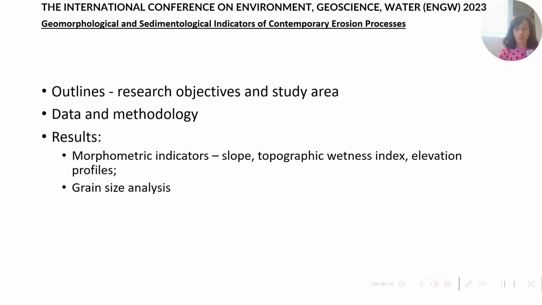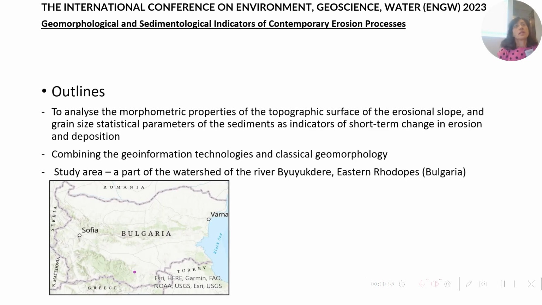But first, I would like to say some words about the research objectives and the study area. The main purpose of the study is to analyze the morphometric properties of the topographic surface of the erosion slope and grain size statistical parameters of the sediment as an indicator for erosion processes and short-term change in erosion and deposition.